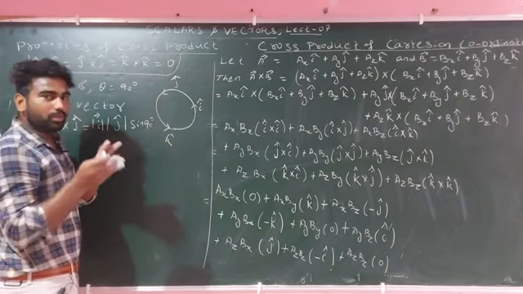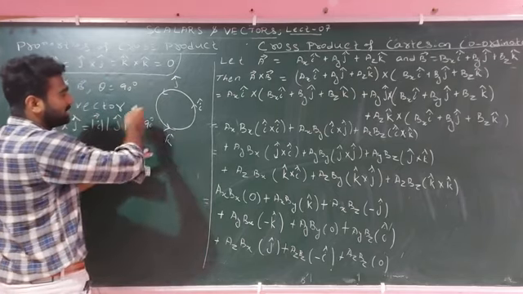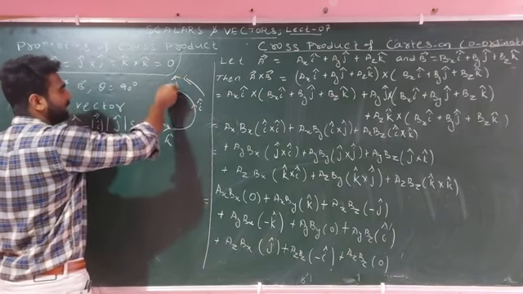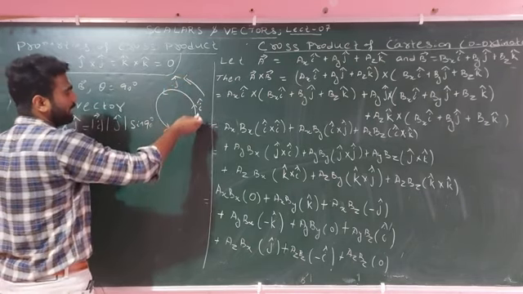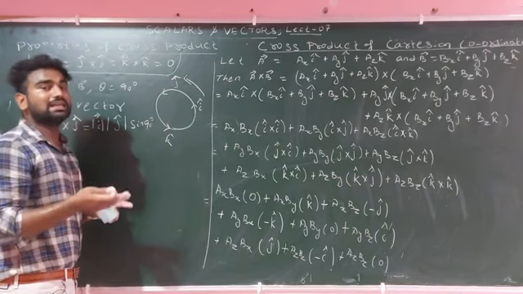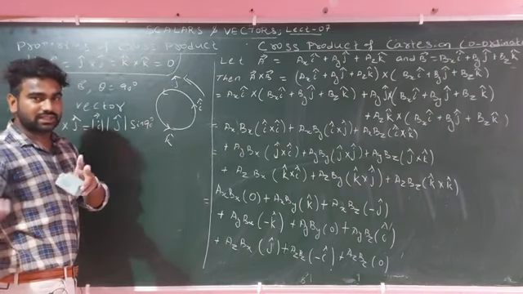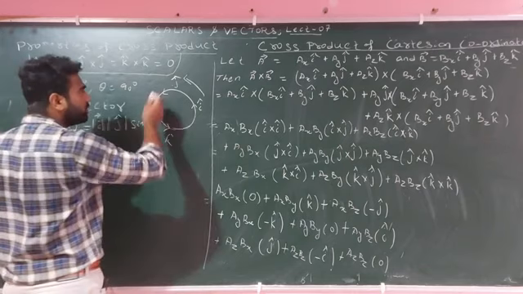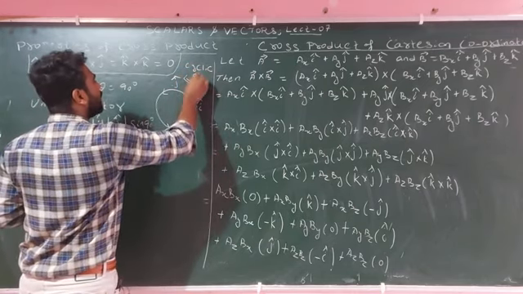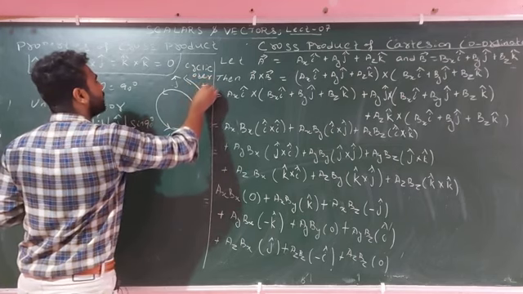If we move in a cyclic order, from i to j, j to k, k to i, then it becomes positive.